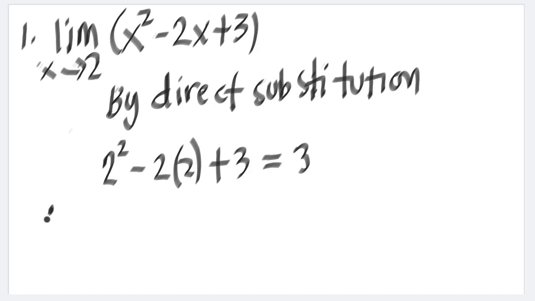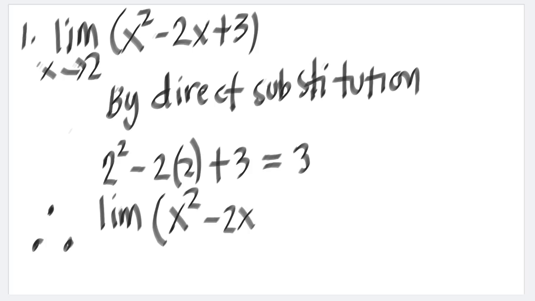So therefore, this is the notation of therefore in algebra. Therefore, the limit of x squared minus 2x plus 3 as x approaches 2 is equal to 3.